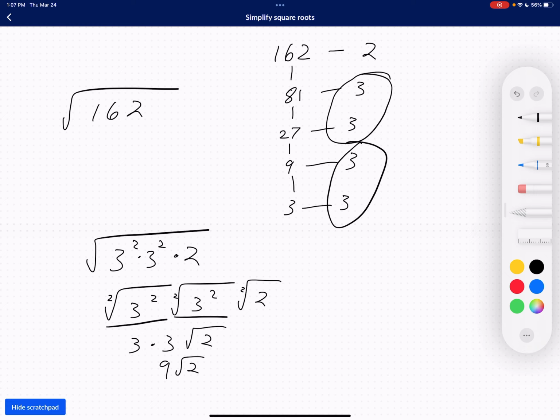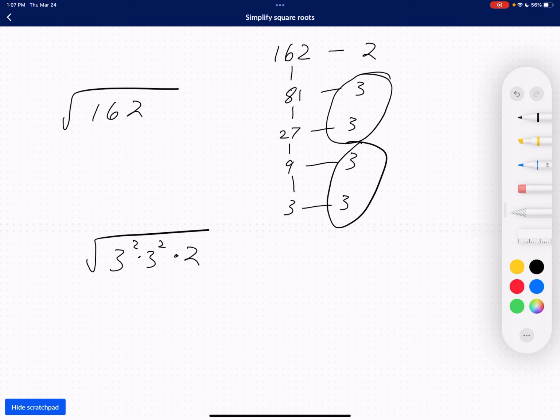I could have instead of doing it like that, I could have written it like this. I had 4 3s. I could have done like that.